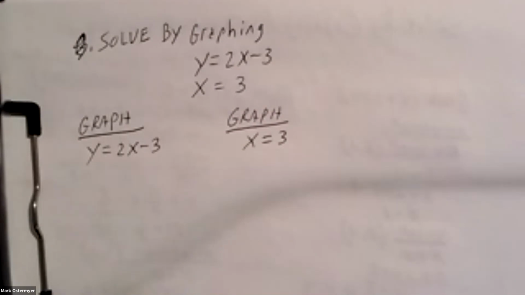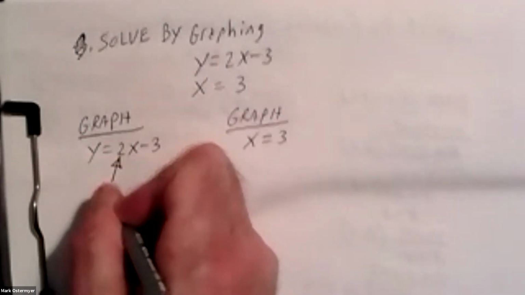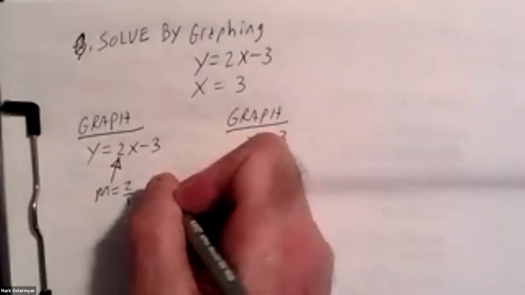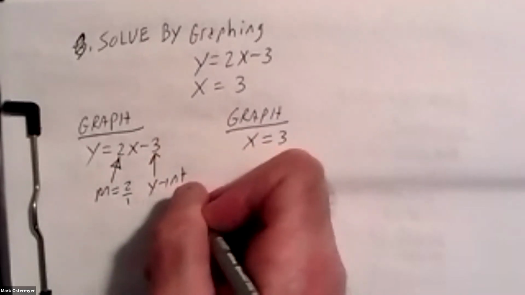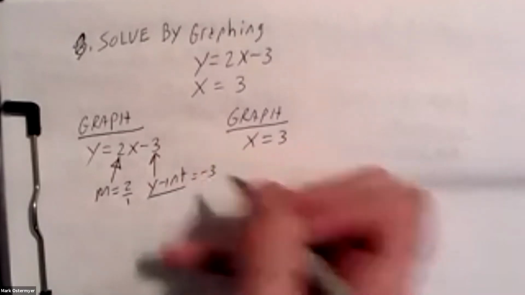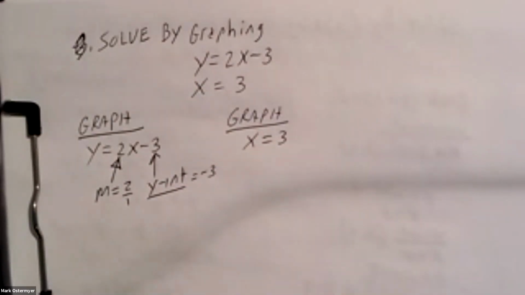All right, so here we go, ladies and gentlemen. What I'm going to do to graph that first equation in that system, y equals 2x minus 3. I know the slope is 2 or 2/1. I know the y-intercept is -3. That should be more than enough information to graph this linear equation. So first we'll plot the y-intercept, which is (0, -3).